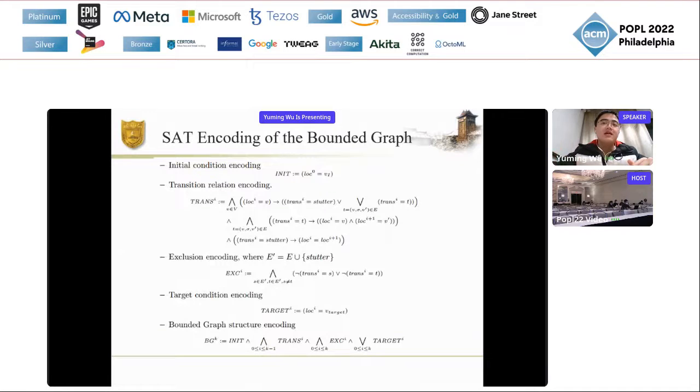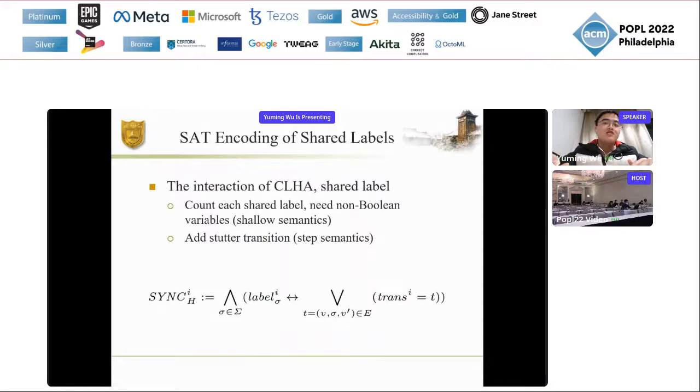This is the bounded graph structure encoding of an automata, including initial condition and the transition relation, excluding the target condition. The interaction of compositional linear hybrid automata shared labels can be encoded through step semantics or shallow semantics. An SMT-based encoding was proposed to enumerate paths in the shallow semantics.